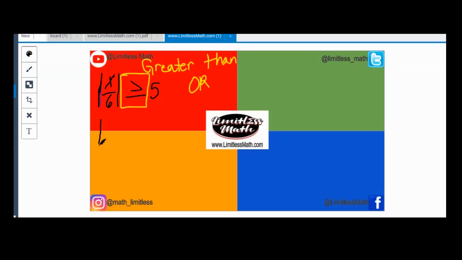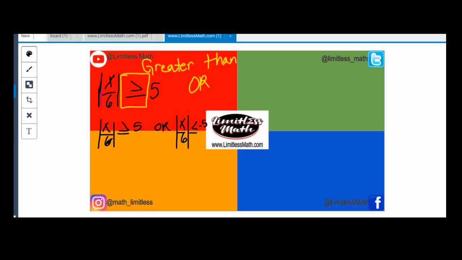We take the original, absolute value of x over 6 greater than or equal to 5, and then or your other piece is going to be absolute value of x over 6. Change the sign, less than or equal to, change it, negative 5. So you change the sign and you change if it's positive or negative, you do the opposite. So you flip the direction and you change it.